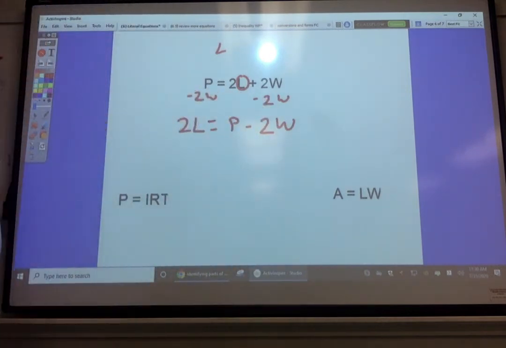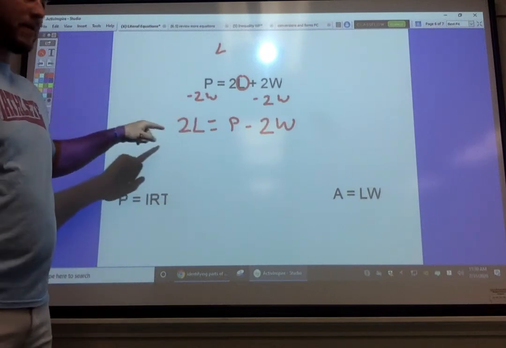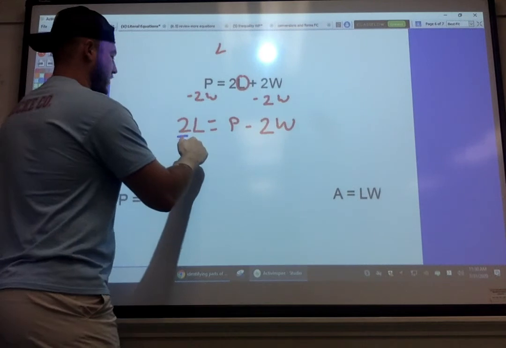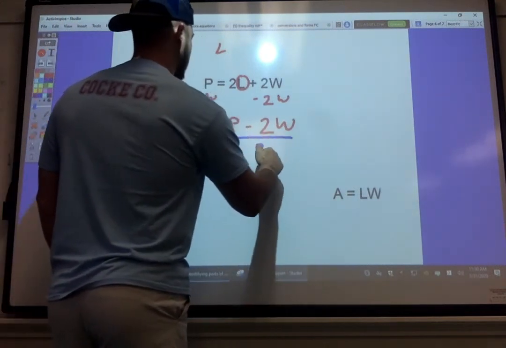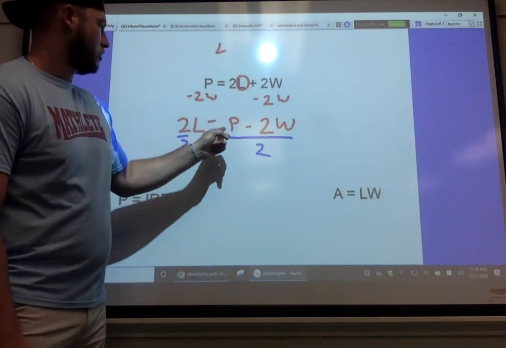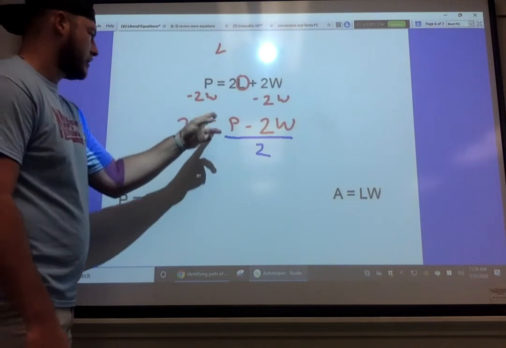P minus 2W. Again, we're solving for L, so we're just going to simply divide by the 2, because this is being multiplied. So I'm going to divide by 2 to both terms. Hopefully you guys are kind of remembering what is understood to be beside this P. A 1, right? Technically there's a 1.